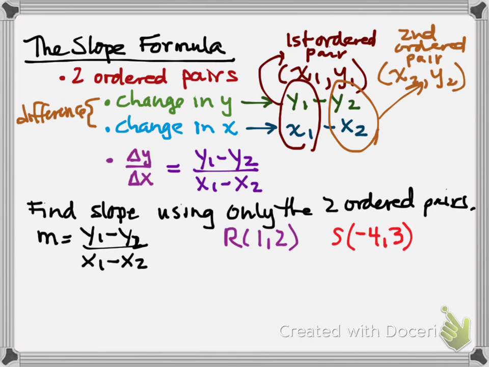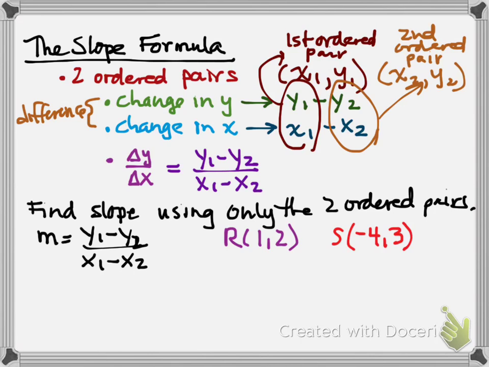In order to get your values in exactly the location where they need to be, you take an ordered pair and do a rotation. A rotation is a 90-degree turn, so that puts the 2 on top and the 1 on the bottom. That puts your y on top and your x on the bottom.